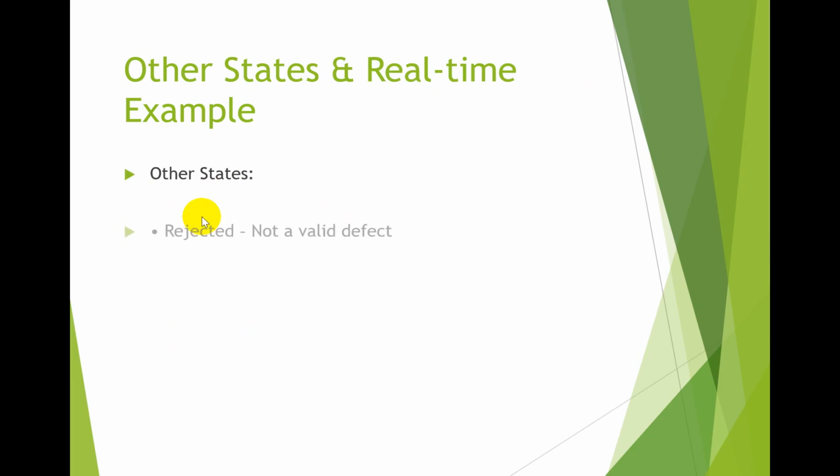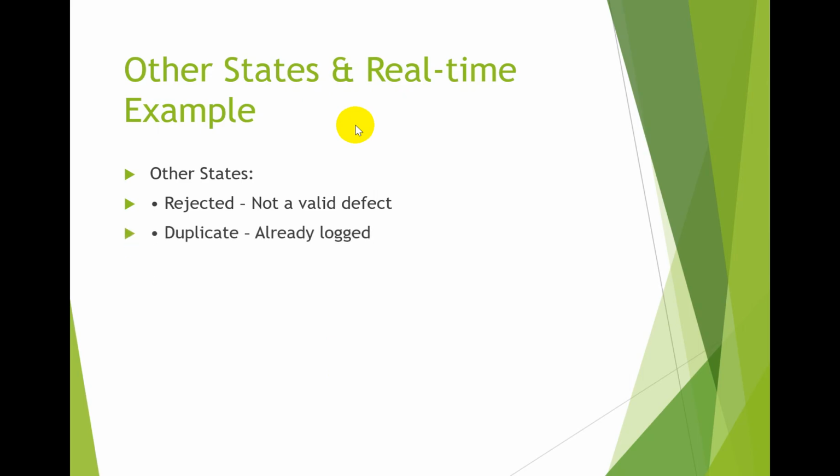See, other states like Rejected. Suppose we have logged a bug and the developer goes through that bug in the scrum call and reads the description we have given. If that bug is not valid, they can reject that bug.